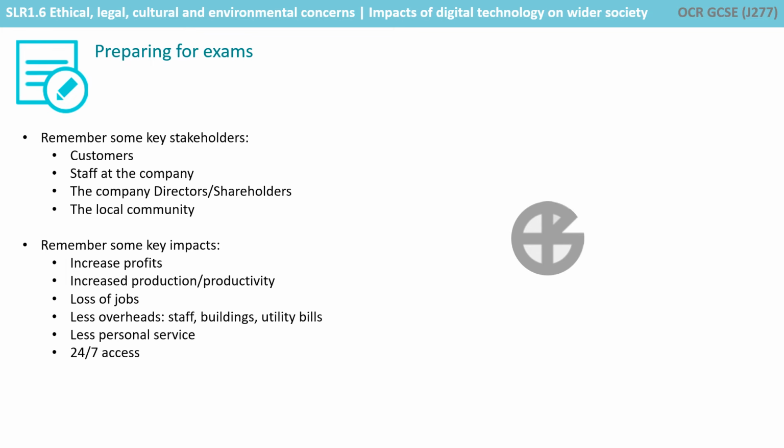You've also then got some key impacts. You've potentially got increased profits, you've got increased production and productivity, you've got loss of jobs, less overheads, less personal service, and 24/7 access, just to name a few. Again, these won't necessarily apply to all the scenarios that you're trying to tackle, so be aware.